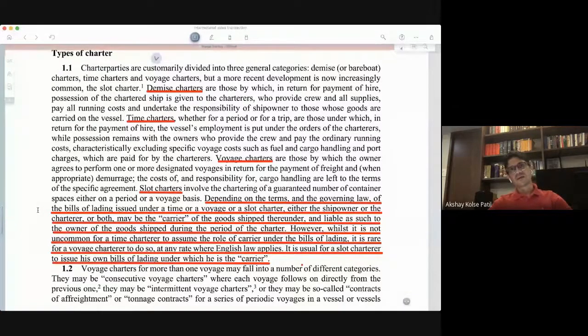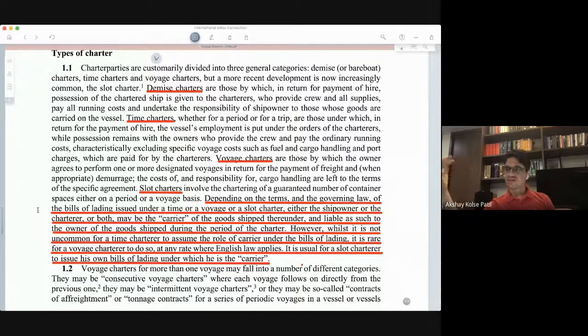A time charter, whether for a period or for a trip, is one under which, in return for payment of hire, the vessel's employment is put under the orders of the charterers, while the possession remains with the owners who provide the crew and pay the ordinary running costs. I'll tell you what can happen. I can take a vessel on a bareboat charter.